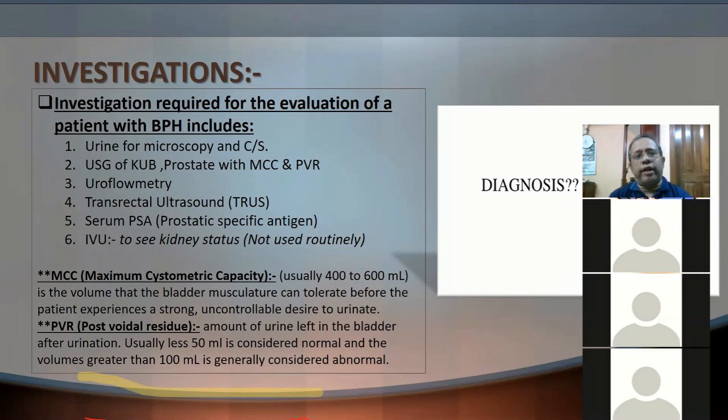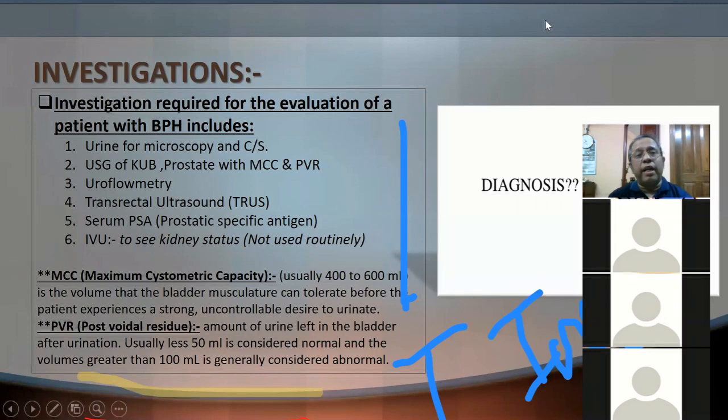So what is the main excretory product? It is urine. So urine examination is always needed. For that reason, we do urine microscopic examination and culture and sensitivity. That culture and sensitivity can dictate what antibiotic is needed.